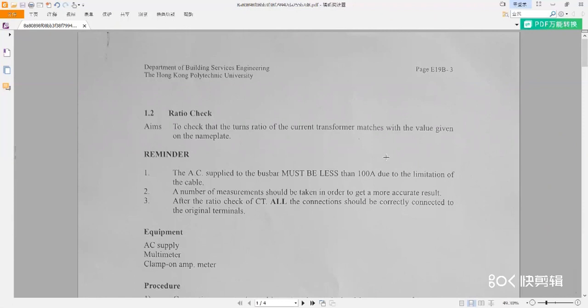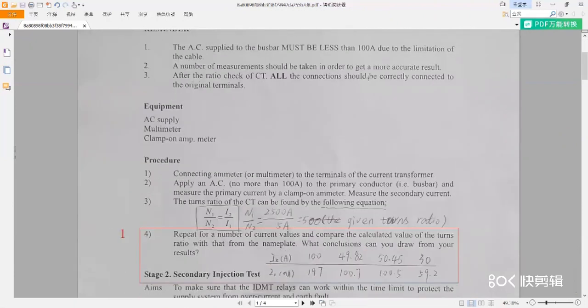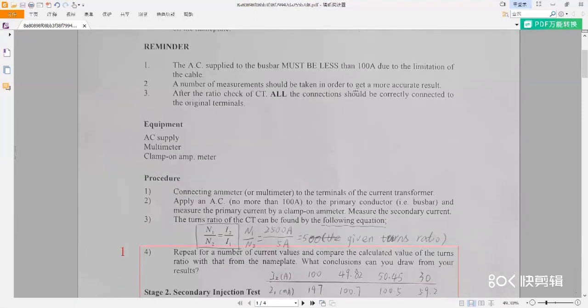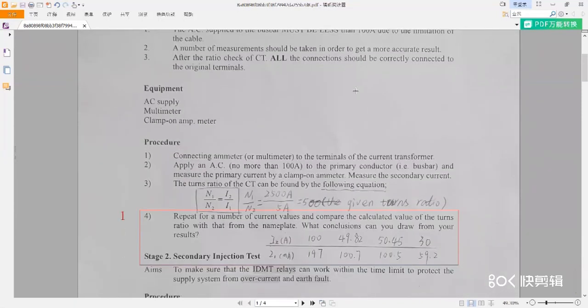You have to answer some questions and draw some curves.